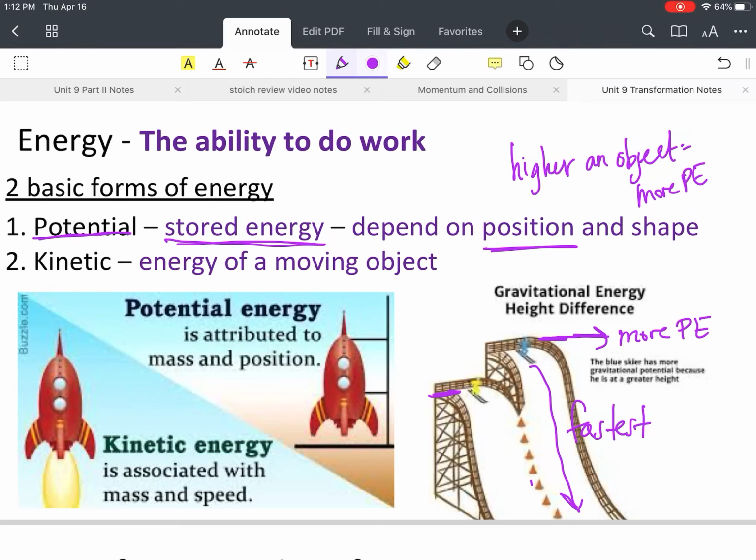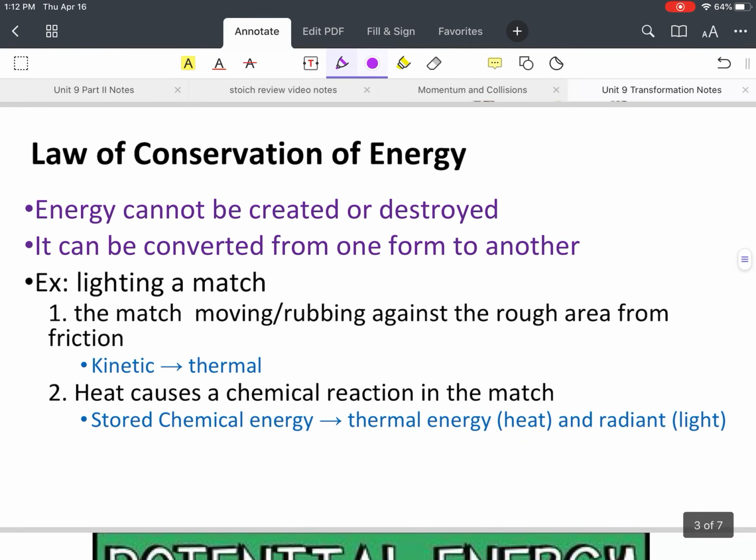He's going to be going fastest because he has more potential energy at the beginning. So at the end, he's going to have more kinetic energy. He has more energy at the beginning to convert into speed. Whereas my yellow guy is not going to be going quite as fast because he doesn't start out with enough energy to go as fast as the blue guy.